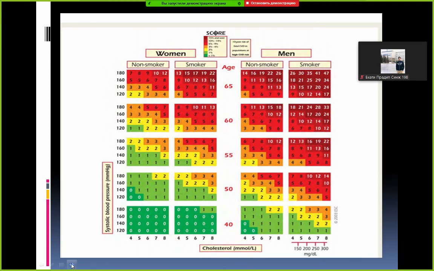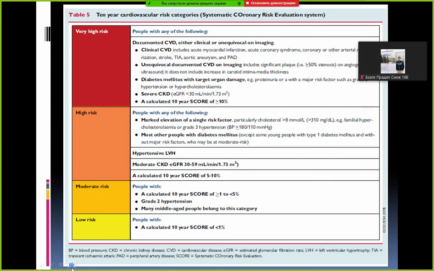So this scale includes sex, age, smoking, the level of systolic blood pressure, and the level of cholesterol. So we can calculate the percentage of the risk of fatal cardiovascular events for 10 years.